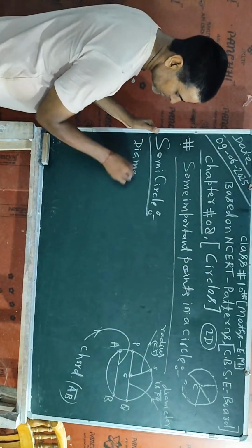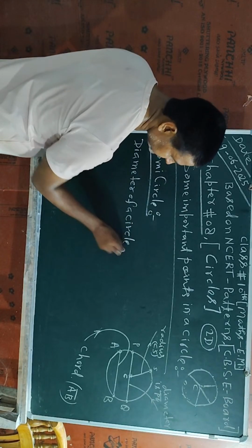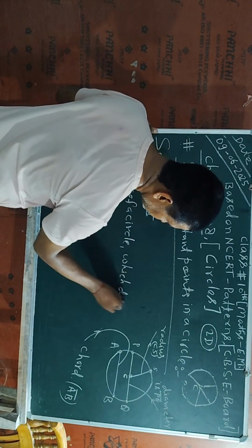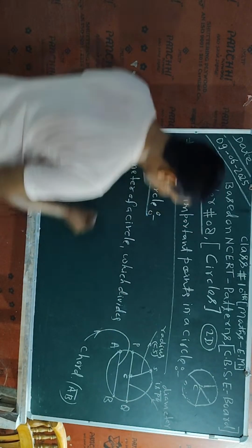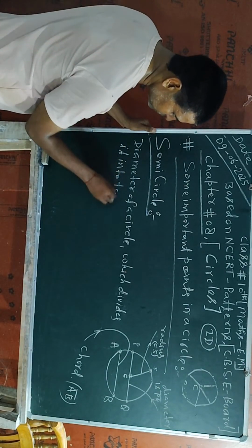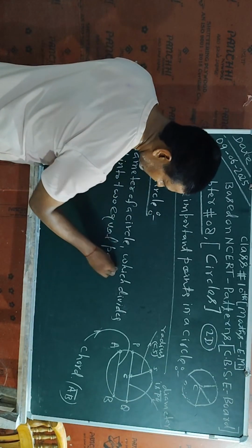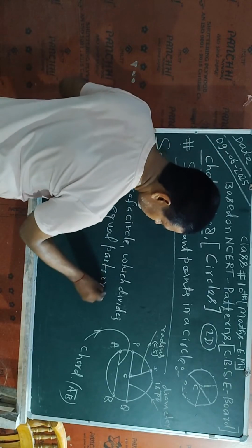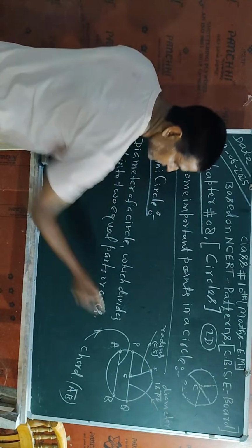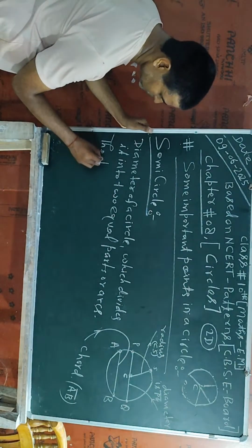Diameter of a circle which divides it into two equal parts.